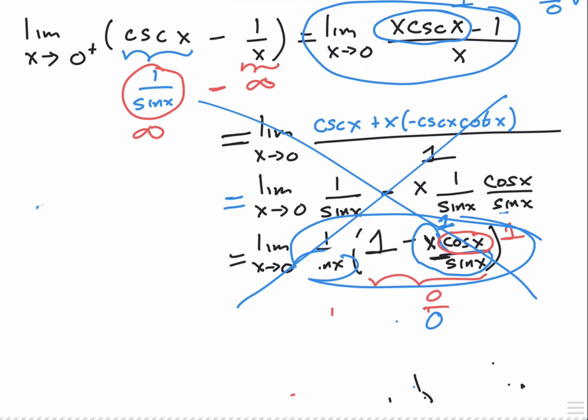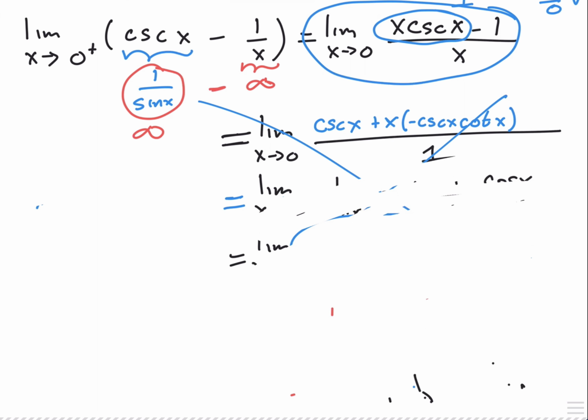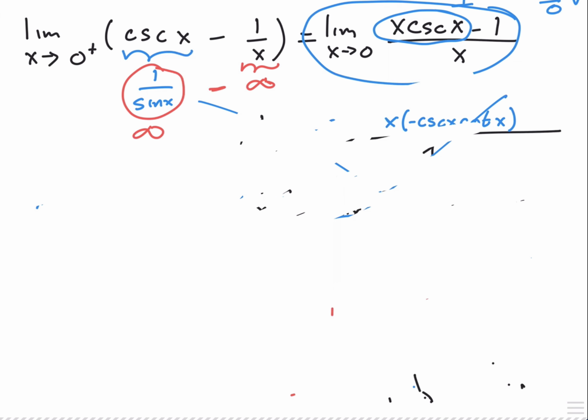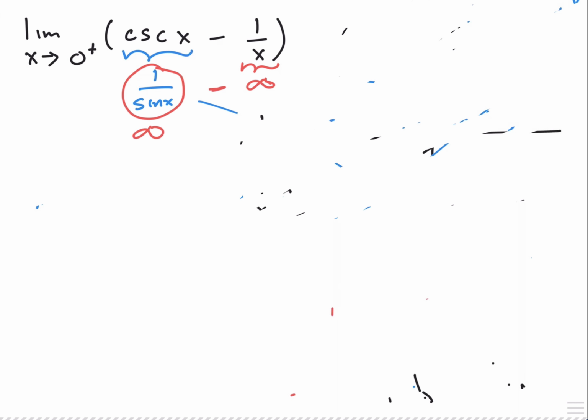So that's another case where it's not recommended to do L'Hopital's rule. All right, so back to the drawing board. What are we going to do? Sines and cosines, right? So erase everything and start anew.